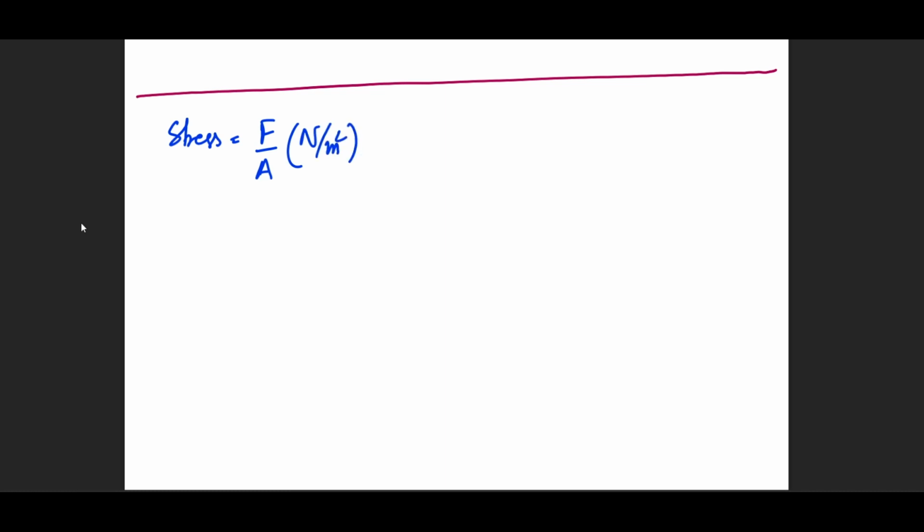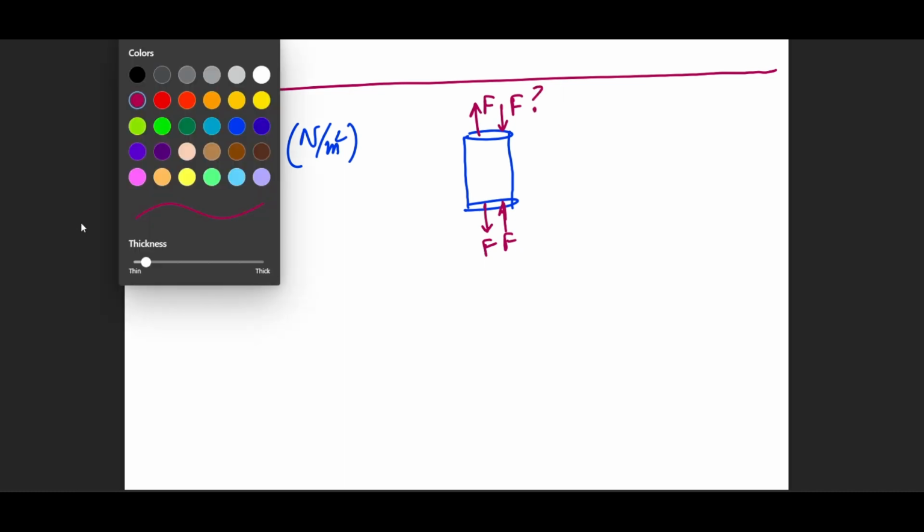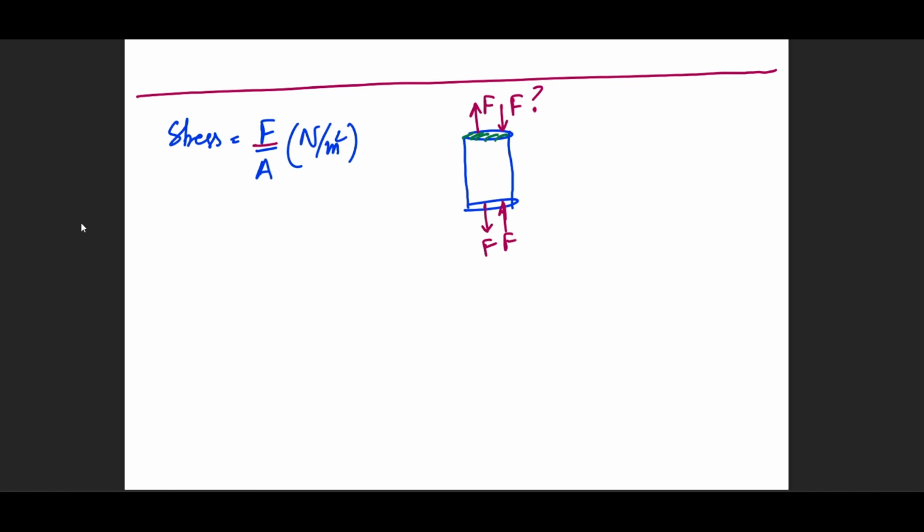But what does this tell us in terms of compression and tensile strength of a rod, of a string, of a fiber? It tells us how much force, for example, if this is a strand or column of steel, how much pulling force or compressing force, it goes both ways, it can sustain if it has a cross-sectional area of this much.